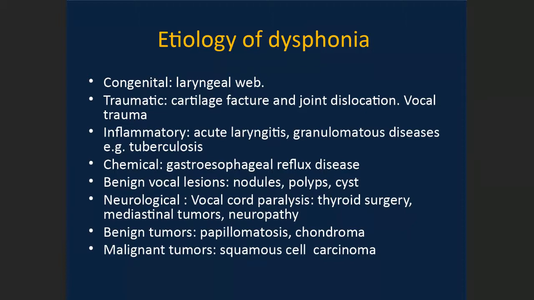Benign vocal cord lesions like nodule, polyp, cyst. Neurological causes: vocal cord paralysis, thyroid surgery, mediastinal tumor or neuropathy. Benign tumors like papillomatosis, chondroma, or malignant tumors like squamous cell carcinoma lead to dysphonia.